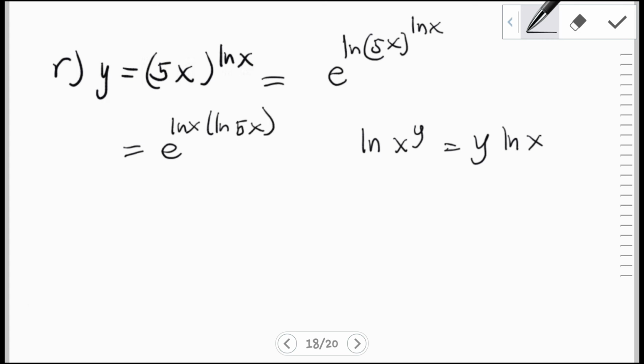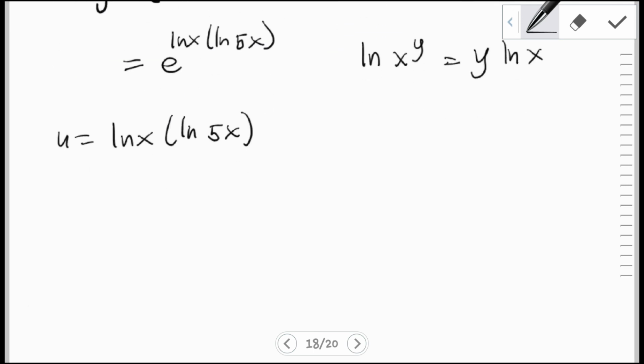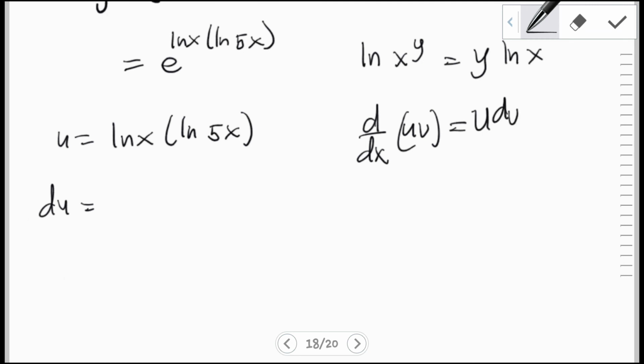So let u be ln x times the ln 5x. Applying the product rule, we use this formula: d over dx of uv is equal to u dv over dx plus v du over dx.